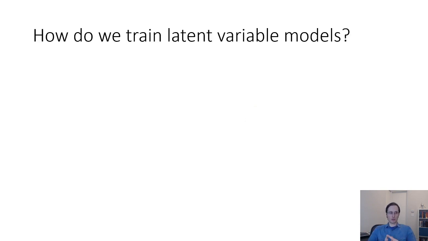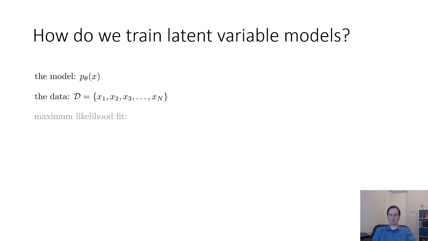All right, so now let's get to the meat of the lecture. Let's talk about how it is that we can train latent variable models and why this is difficult. So let's say we have our model, p theta of x. So theta here represents the parameters of the model. And we have data, x1, x2, x3, etc. through xn.